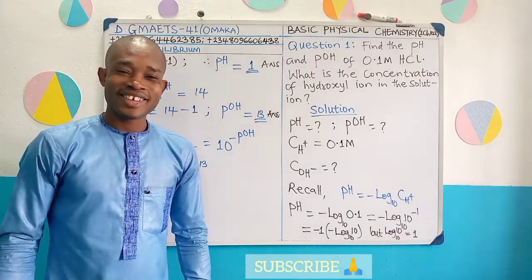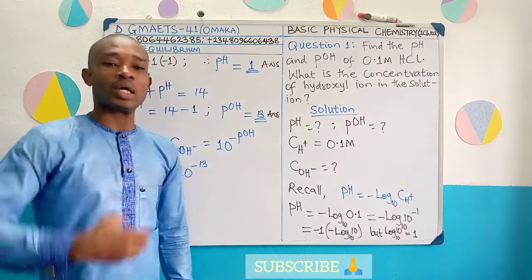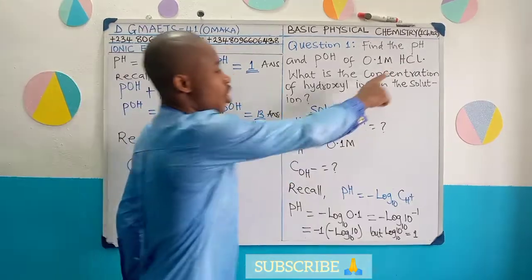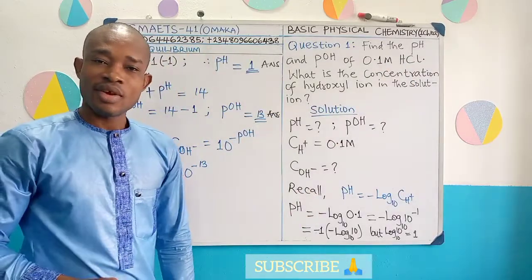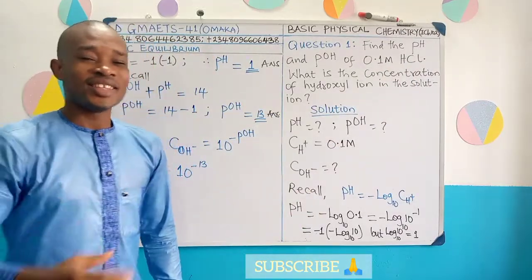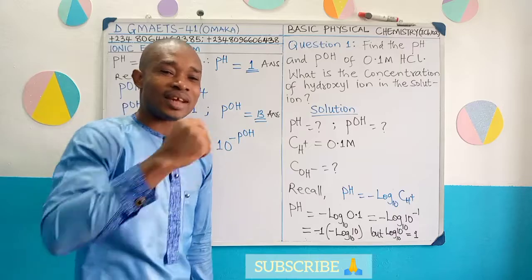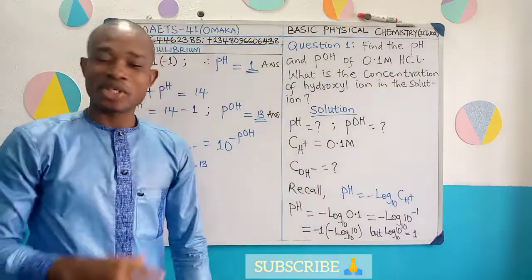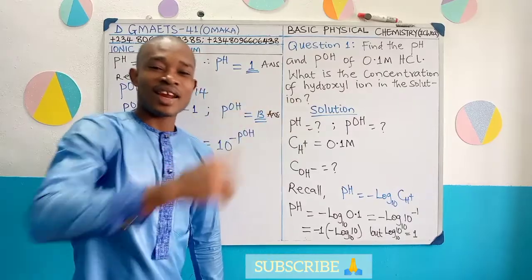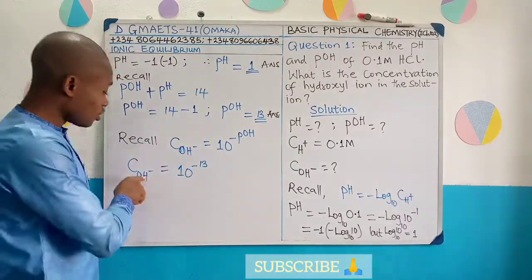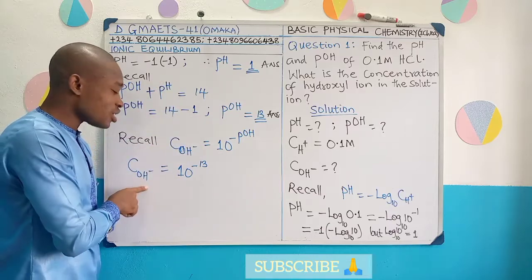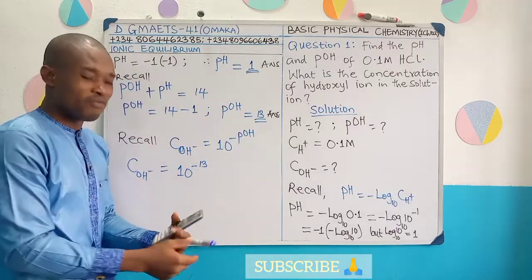Oh my god, that tells you how small the hydroxyl ion concentration of hydrochloric acid is, which is why we neglect the fact that there is a basic level in this acid. We could just call it an acid, hydrochloric acid, because the concentration of what could have made this a base is extremely low, very, very low.